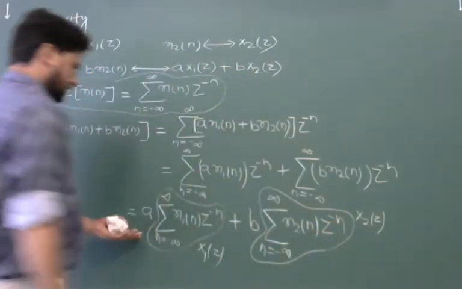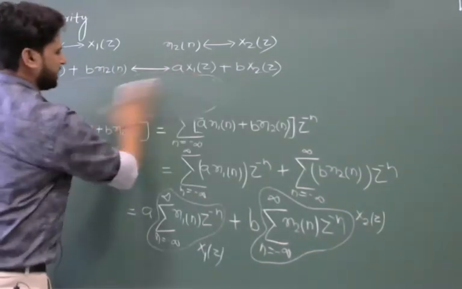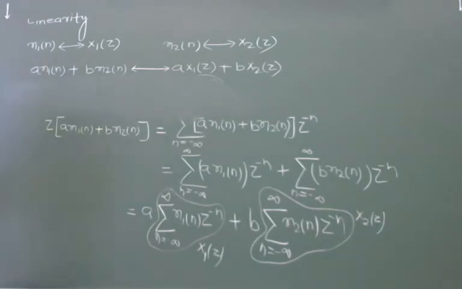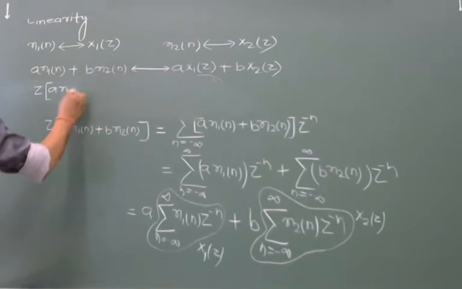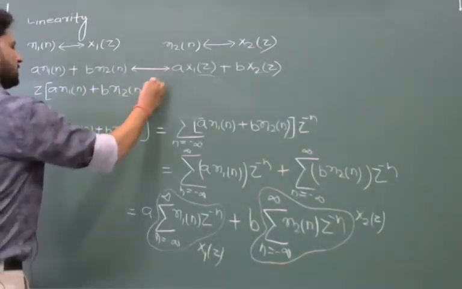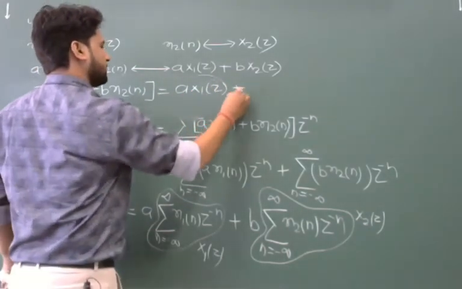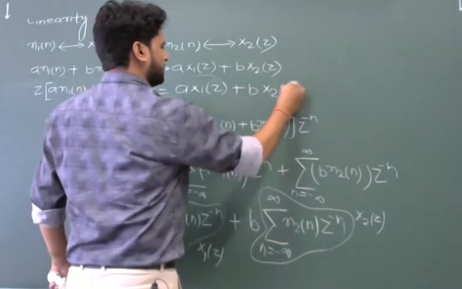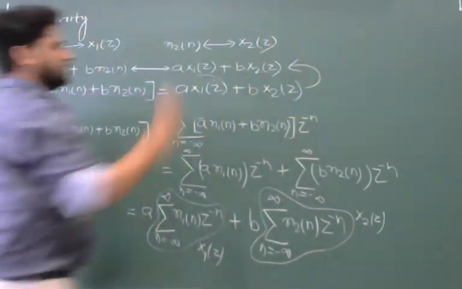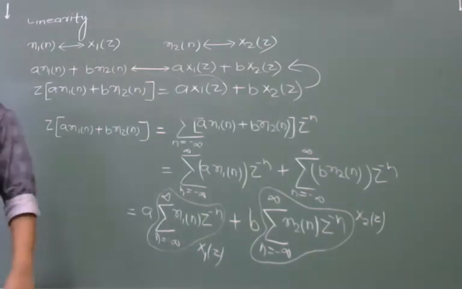So further this can be written as the Z transform of a times x1 of n plus b times x2 of n will be equal to a X1 of z plus b X2 of z, which will verify the linearity property of the Z transform.